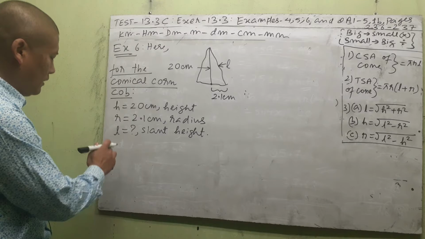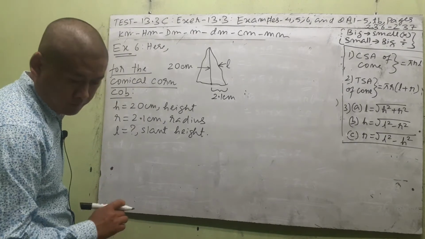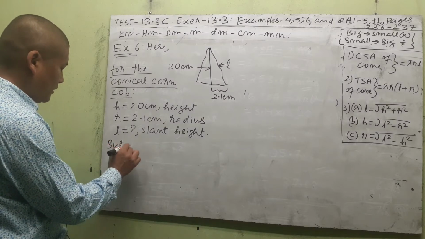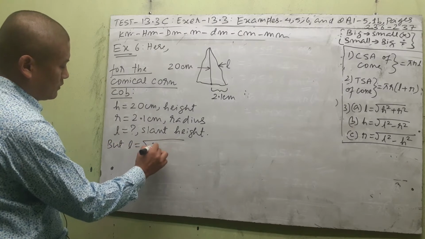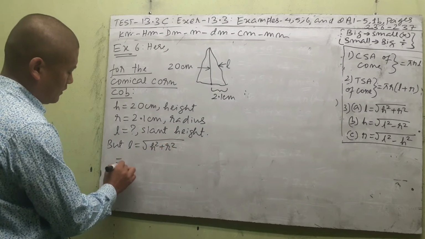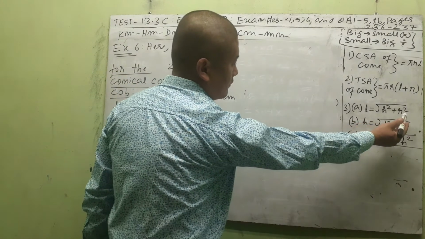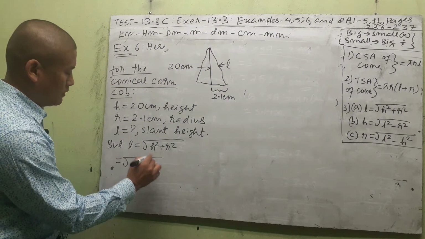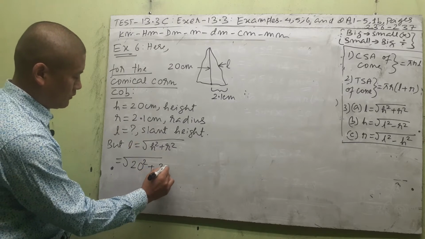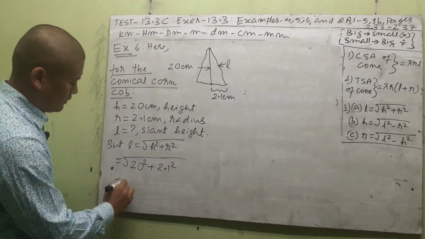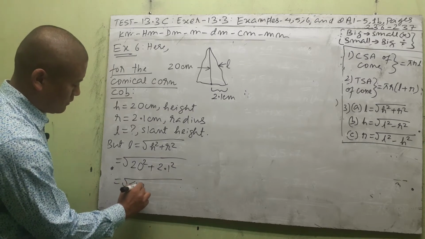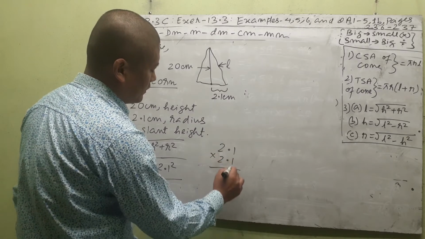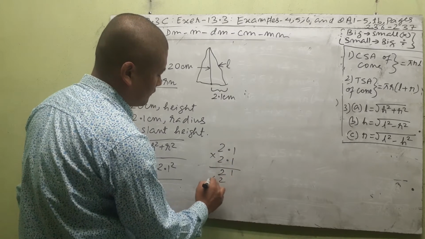Now let us find out this L. We can use the formula root over h square plus r square, as we have been given here. So 20 square plus r square, 2.1 square. 20 square is, we know, 400, plus 2.1 square means 2.1 into 2.1, 1, 2, 2, 4.